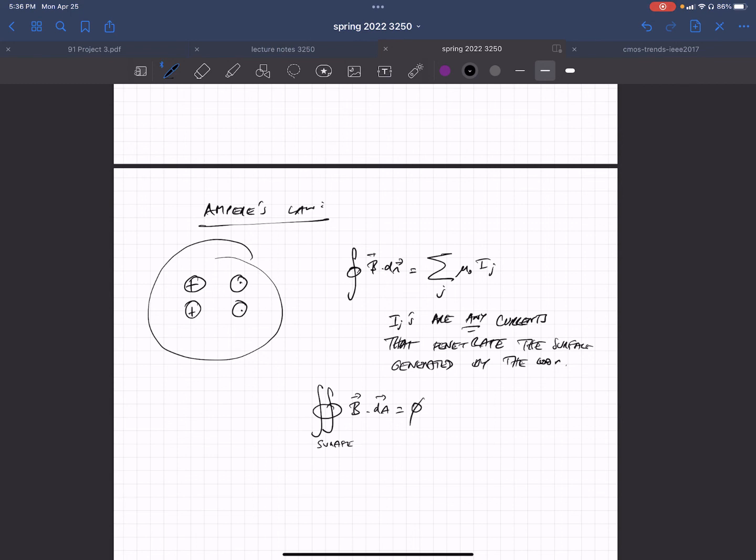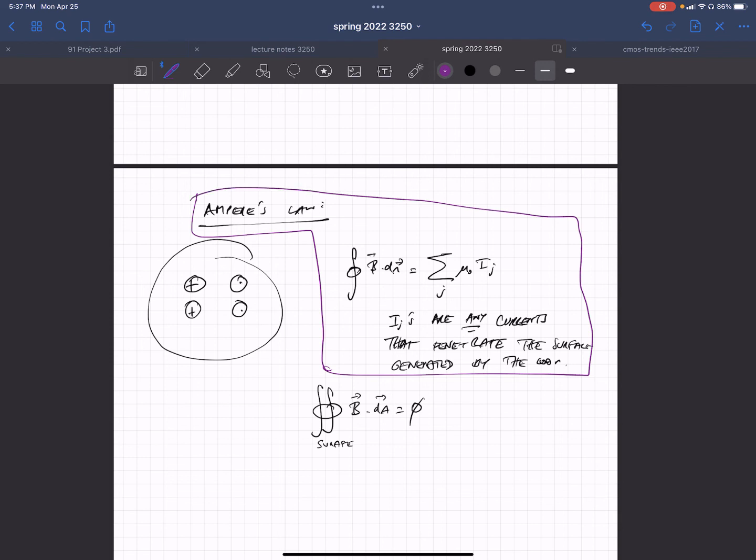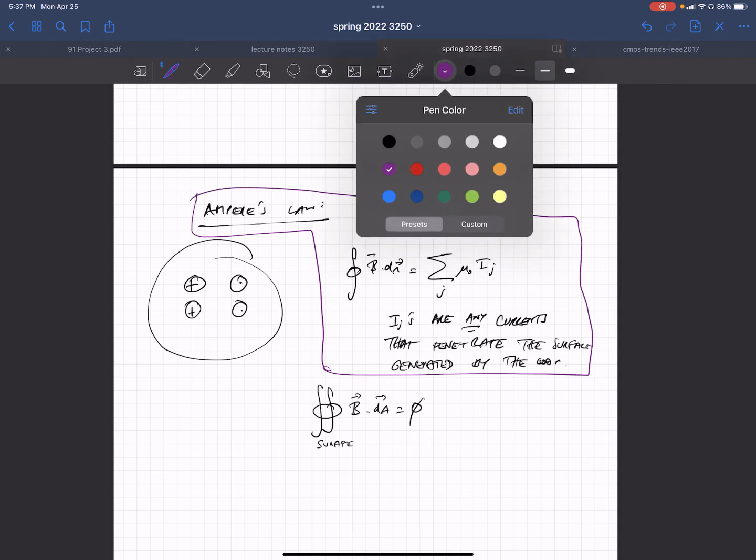Sorry, the loop equation above is Ampere's law. These are additional things I'm telling you.